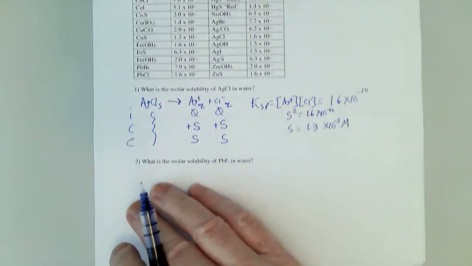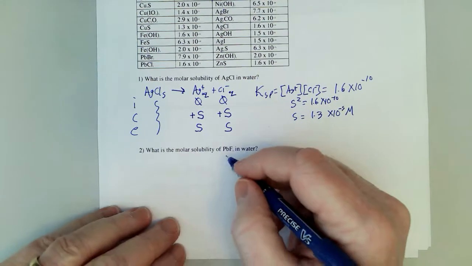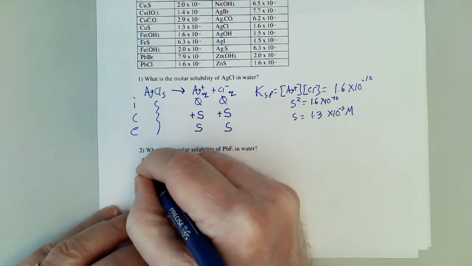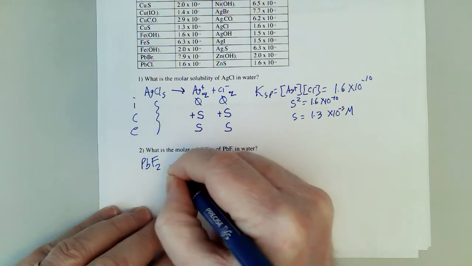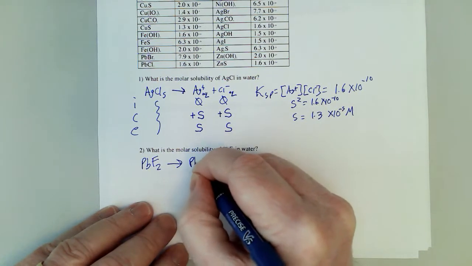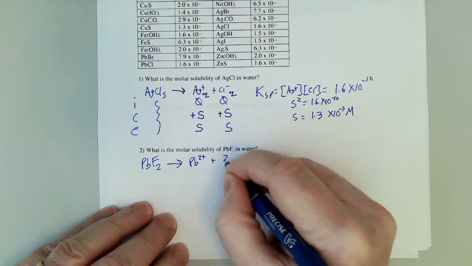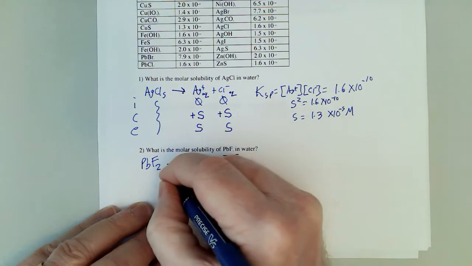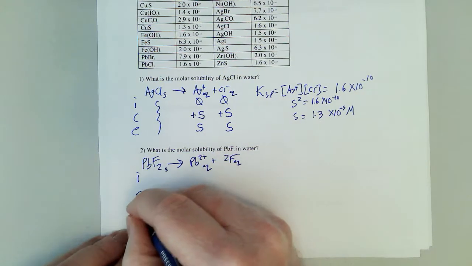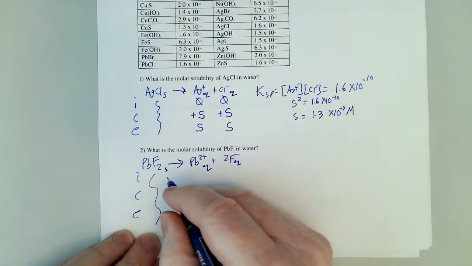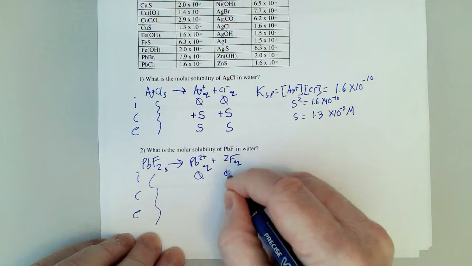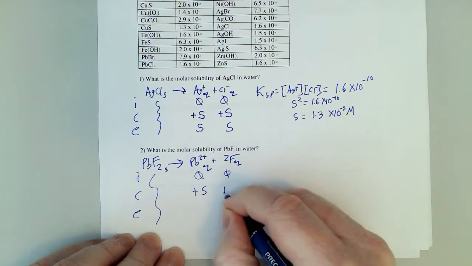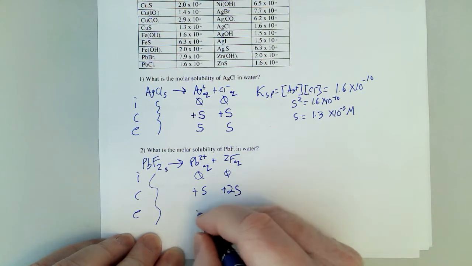All right. Now, what's the molar solubility of PbF2 in water? Well, slightly different ratio. So it'll be slightly different math, but the same basic idea. ICE, ignore that because it's a solid. 0, 0, plus S, plus 2S.